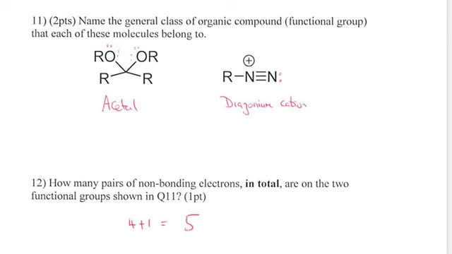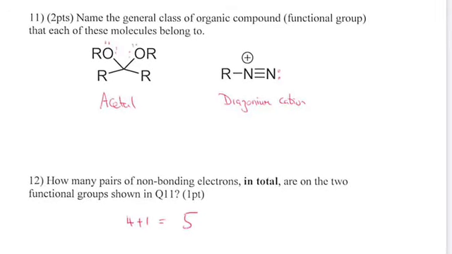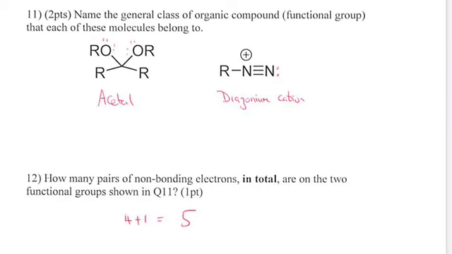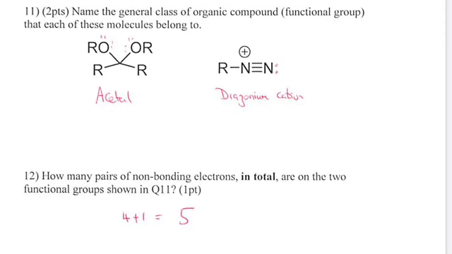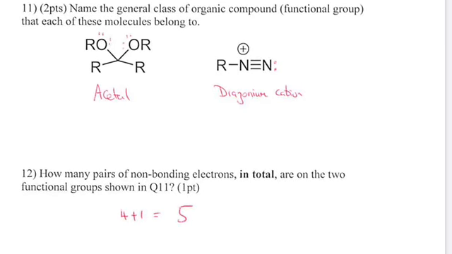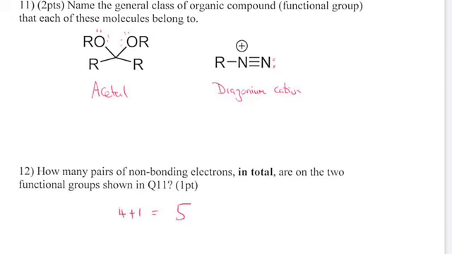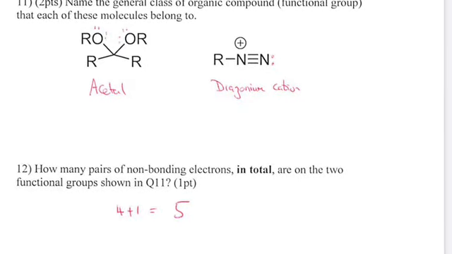Then question 11, a predictable question, is on functional groups: functional group name and functional group structure. You have to know them. If they're in chapter 18 or chapter 19, you have to know them. Question 12 is just checking that you can draw a correct Lewis structure, including non-bonding pairs, for those functional groups.